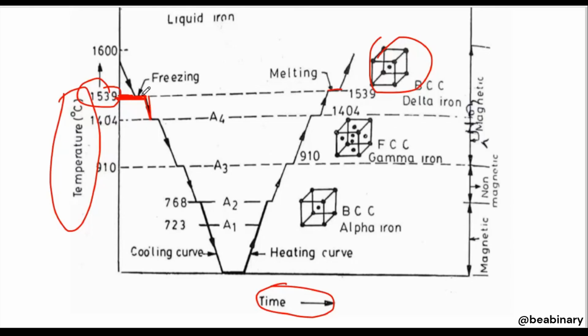Keep in mind, at this particular point it does not have the BCC structure, because at this point it has only started converting into solid. Once it reaches here, this corresponds to the time. This point shows that it has reached the solidification point, meaning all the liquid got converted into solid.